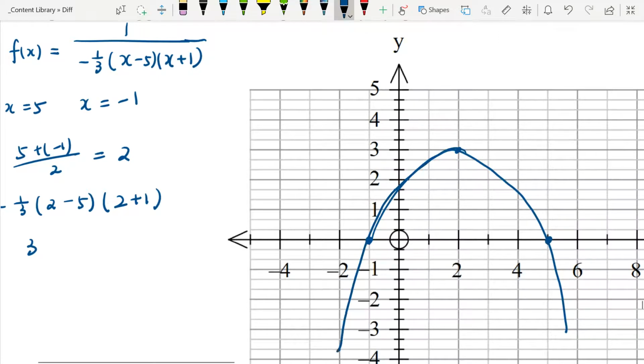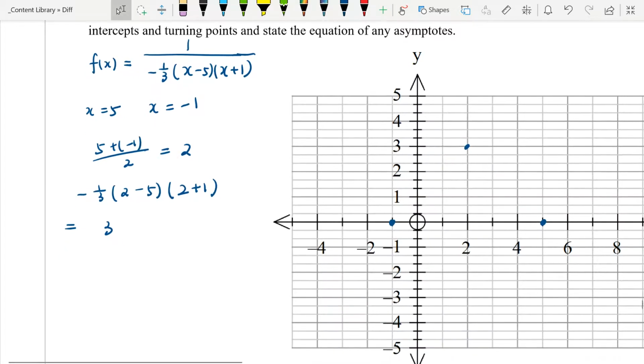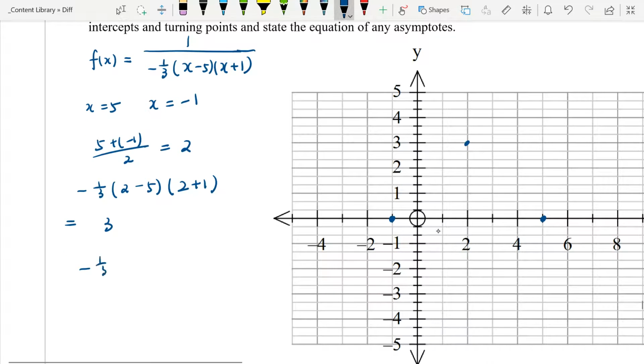That's the shape. Where's the y-intercept of this quadratic? So you put x equals 0, and that's -5, and that's 1. So it's 5 over 3.